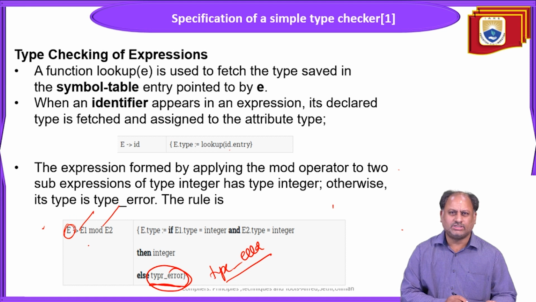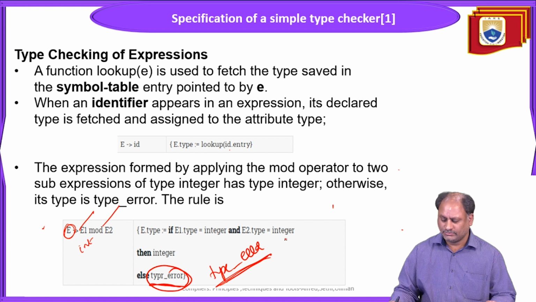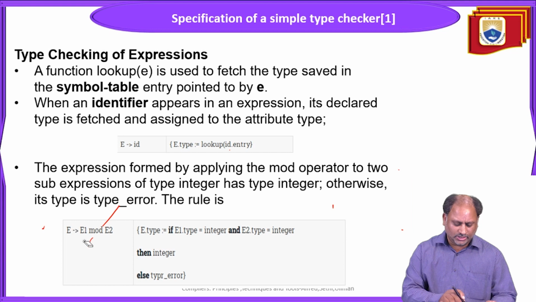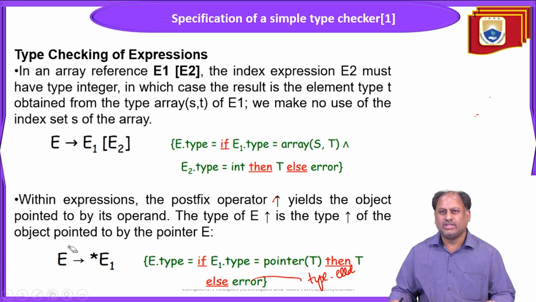In that case, it doesn't return an error. But for anything other than integer, the expression returns an error. That means whenever you type check this expression E1 mod E2 with a mismatch, it returns an error notice, determined by type underscore error.